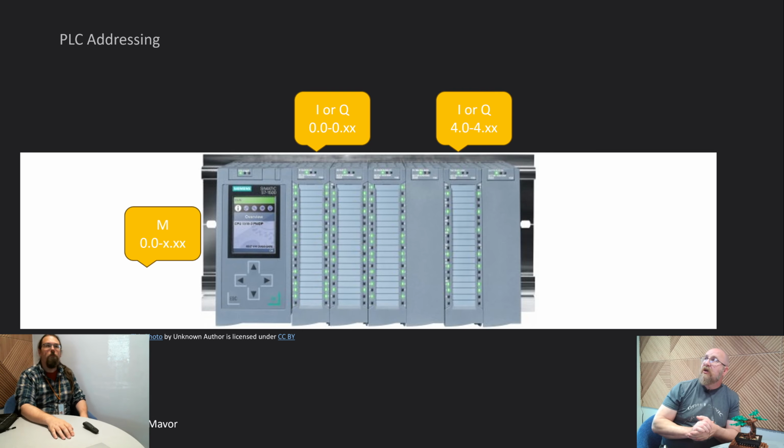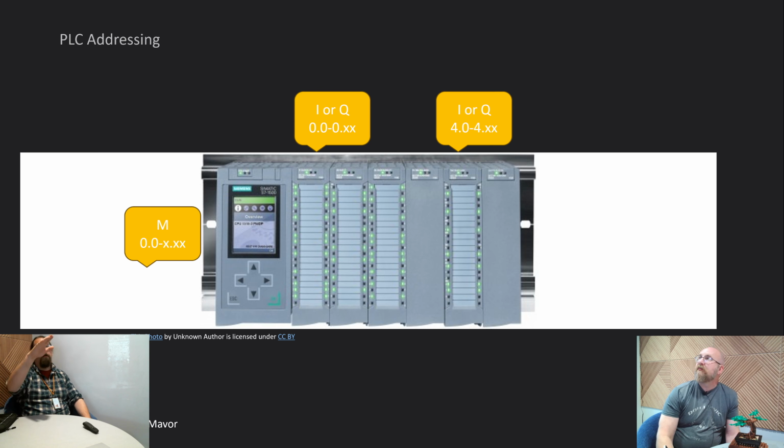Now the I or Q ones are auto-populated based upon physical pins. These I or Q addresses, I is for input, Q is for output. Yeah. We'll talk about why it's Q later. Don't worry about that for right now. But essentially, it just works from the nearest module being 0.0, and the fourth module being 4.0.